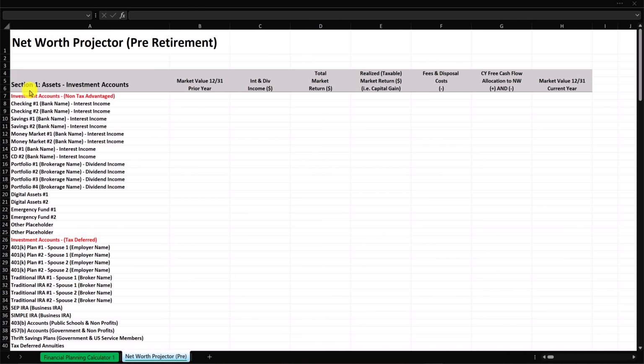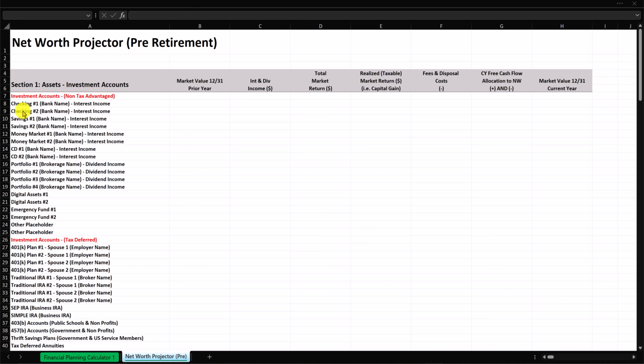Now, what I've done here in the first column is I've tried to set up several sections to work with, starting with assets and specifically starting with financial assets or investment accounts. And I've broken those up again into several sections. So we have our regular investment accounts. These are non-tax advantaged accounts. So we'll start with our cash accounts.